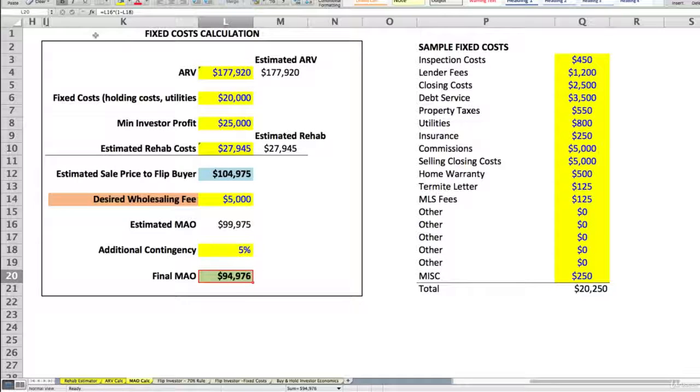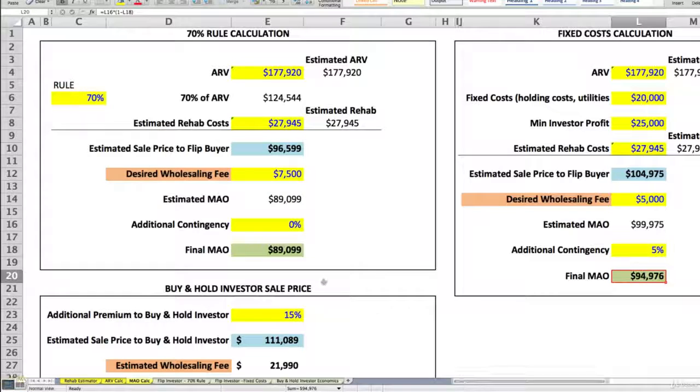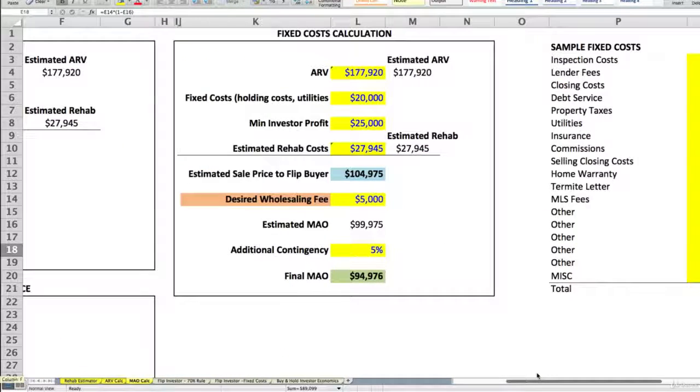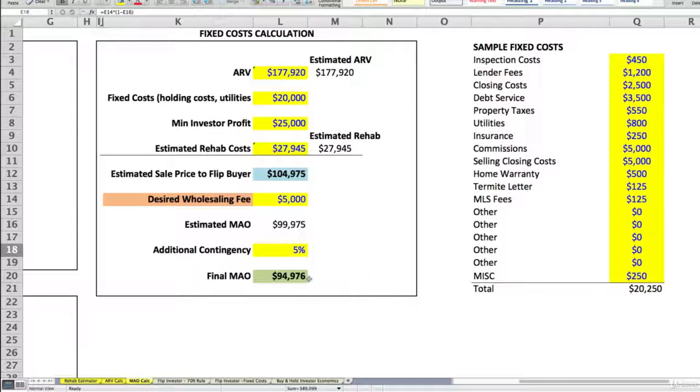Now, this is a guide. If all your potential buyers are pretty much just following the 70% rule, then you're going to have to follow the 70% rule to calculate your MAO. What happens with the fixed cost method is that it usually helps you sharpen your pencils a little bit more, and oftentimes the 30% in the 70% rule overstates the fixed costs, but it's not always the case.